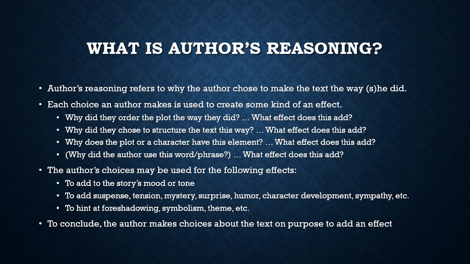They might be doing it to add suspense, tension, mystery, surprise, humor, character development, sympathy, a whole long list of reasons why an author does what they do with a text. They also might be trying to hint at foreshadowing or symbolism or theme. So just to conclude, the author makes choices about the text on purpose to add some kind of effect.